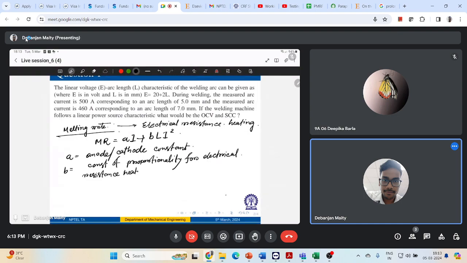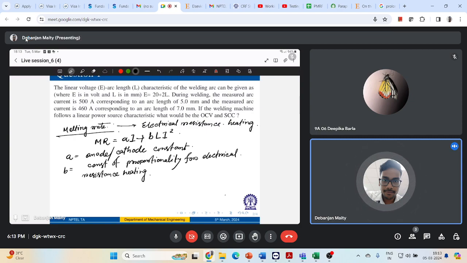Researchers have estimated the values of A and B depending on polarity and different kinds of materials. So there is a material and polarity combination.